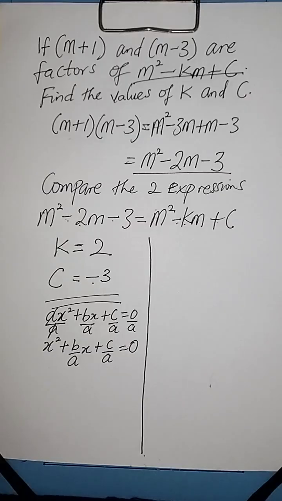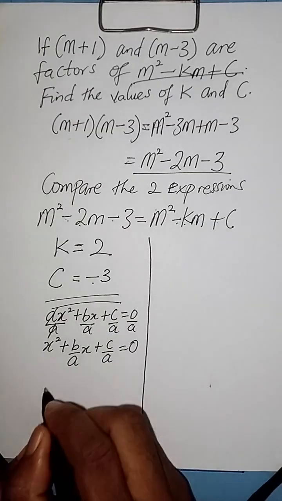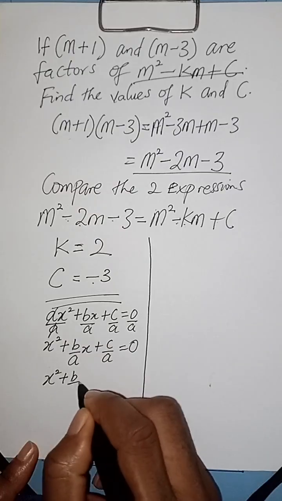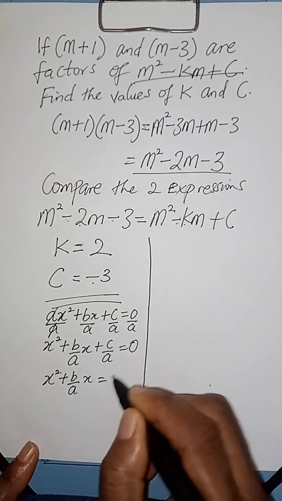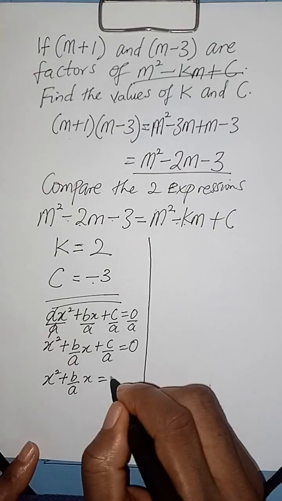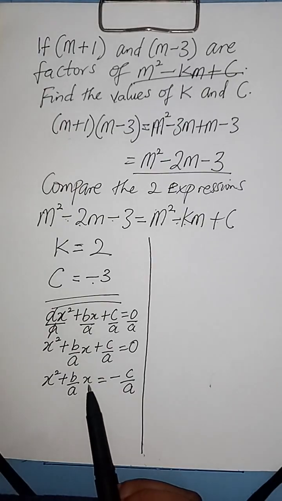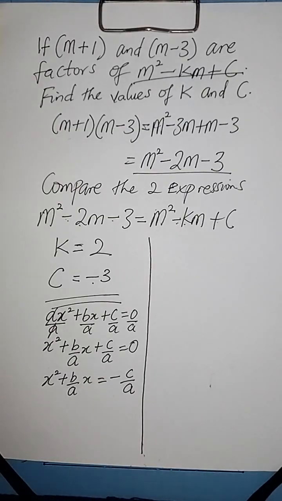So we can now apply our completing the square method. Remember the first thing you do? x squared plus b over a x, take this to the right-hand side of the equation and it becomes minus c over a. That's the first step. Remember the second step?